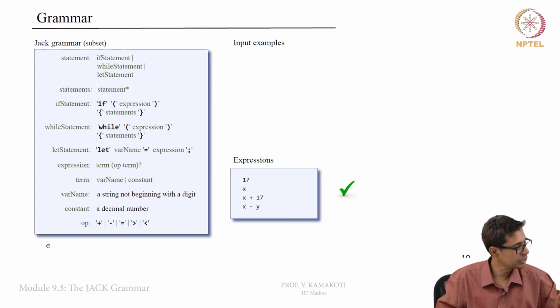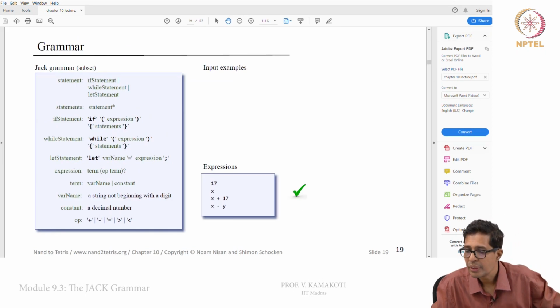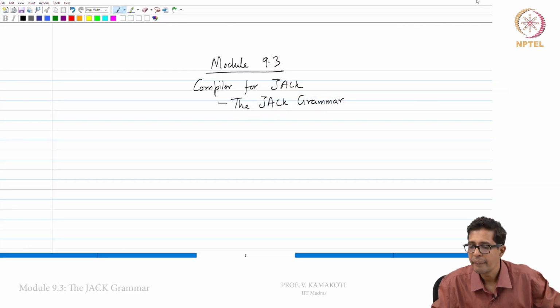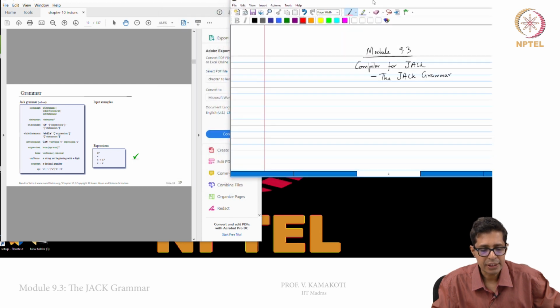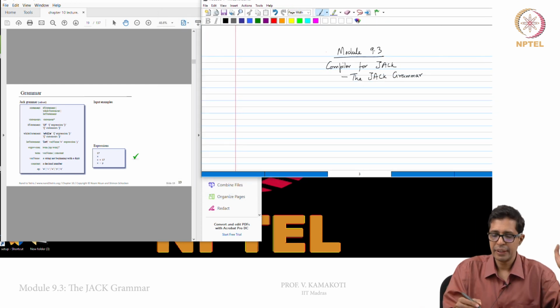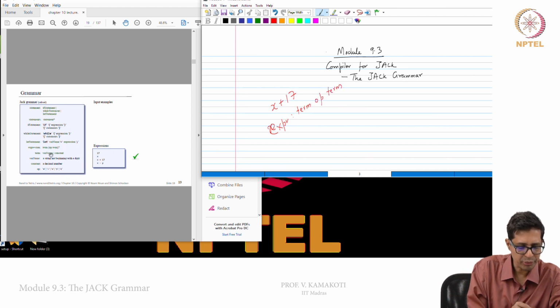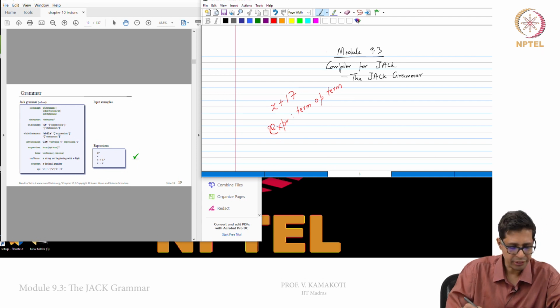So we can just do this as follows. Just look at this. If I go and look at X plus 17, an expression is basically a term with an operand followed by a term. As you see here, this operand followed by a term is optional, but I can put it like this.